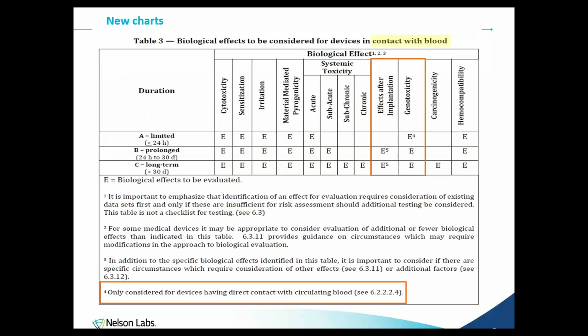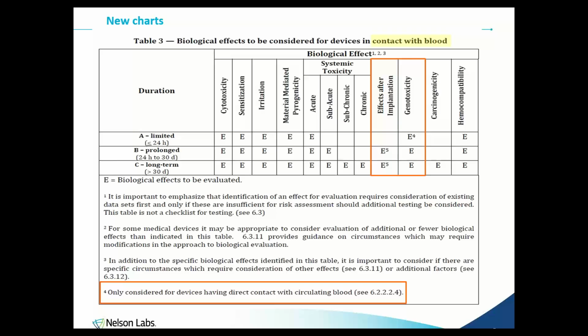The standard today, and this is the new table for contact with blood, as you can see, any contact, regardless of time of contact with circulating blood, will require genotoxicity evaluation.